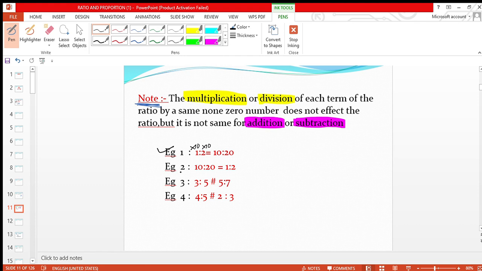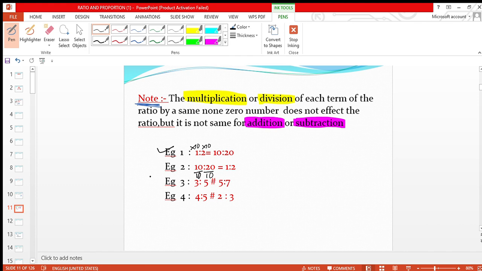Next one, example 2. 10 is to 20 is equal to 1 is to 2. Here divided by the same non-zero number, that is 10. 10 by 10, 1. 20 by 10, 2.